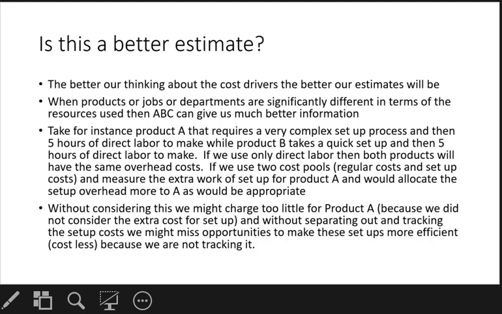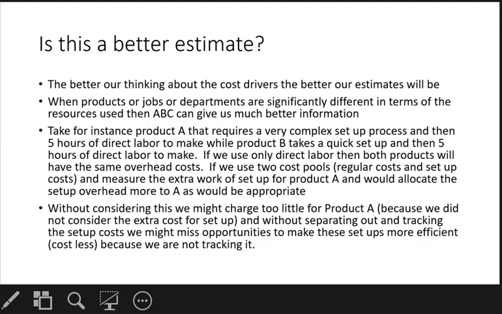So if you were to put all of your overhead in one big pile and allocate using direct labor only, product A and product B would get the same amount of overhead because they both use 5 hours. If that's our allocation, that's our activity rate, then we're going to give them the same product cost and then probably charge our customers the same price.